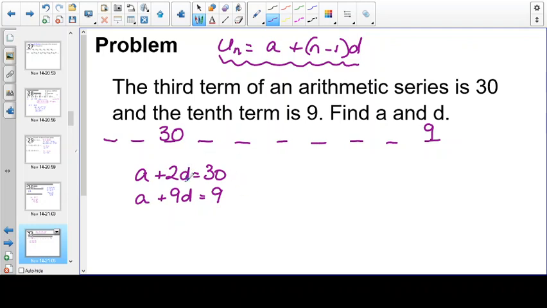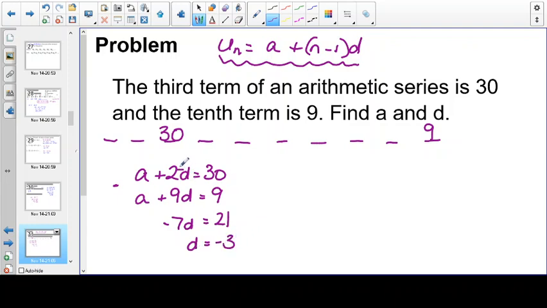Okay, and you can see we've got simultaneous equations, we've got two unknowns. So if I take 2D, take 9D is minus 7D, 30 take 9 is 21, divide by 7, D is minus 3.